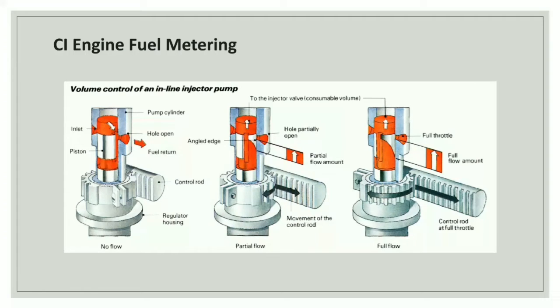In the next figure, partial flow, you can see the angled edge, hole partially open and partial flow amount, movement of the control rod. And in the last figure, for full flow, to the injector valve, consumable volume, full throttle, full flow amount, and control rod at full throttle. So this is the figure of volume control of an inline injector pump.